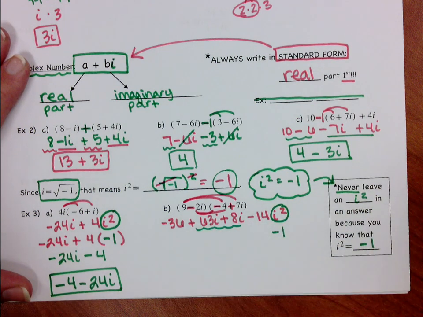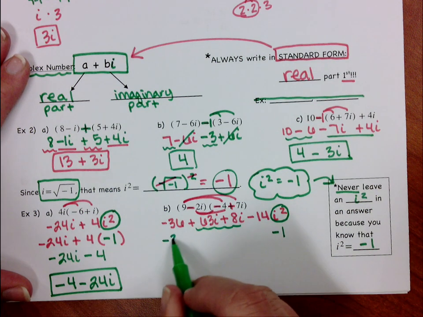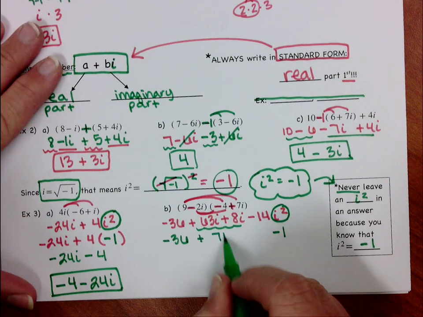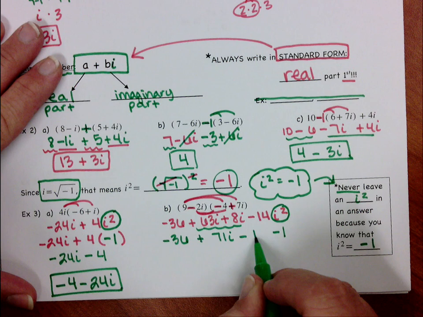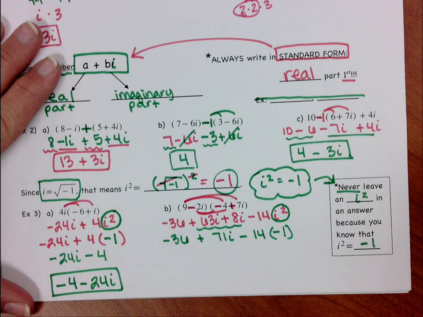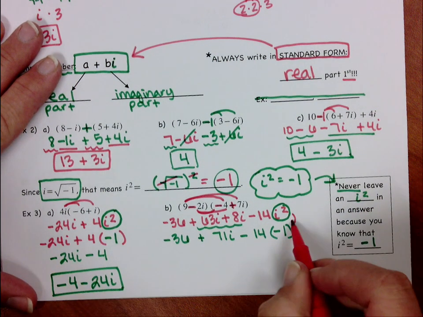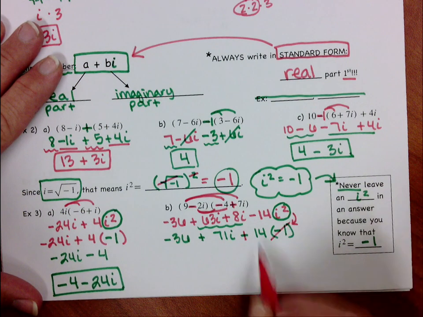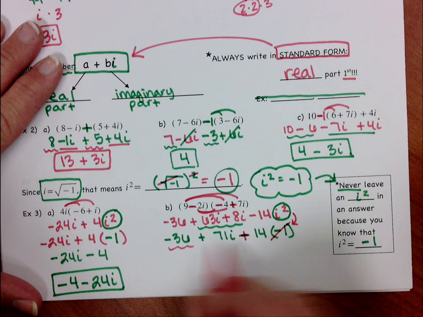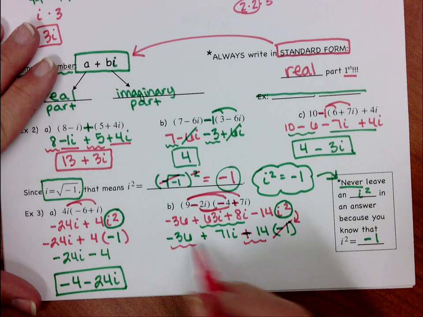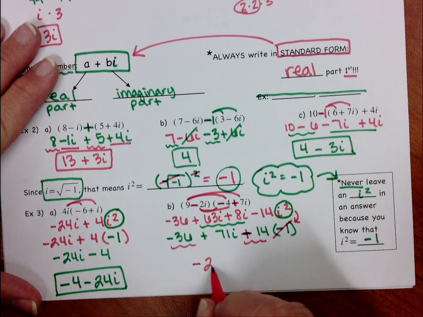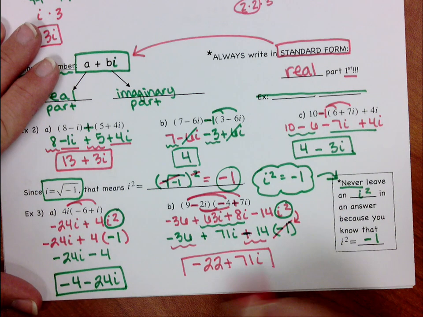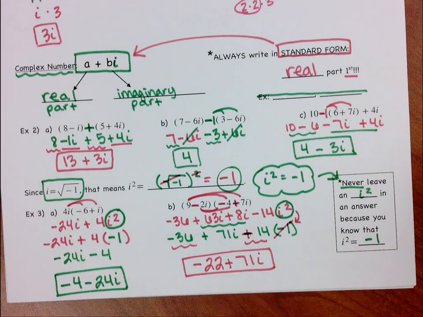You can combine your like terms. So I have negative 36. 63 plus 8 is 71i, minus 14 times negative 1. Again, the i squared turned into a negative 1, which is going to change the sign of my 14, and then I can combine those like terms. Negative 36 plus 14 is negative 22, and then bring down your 71i. It should always be real, imaginary.